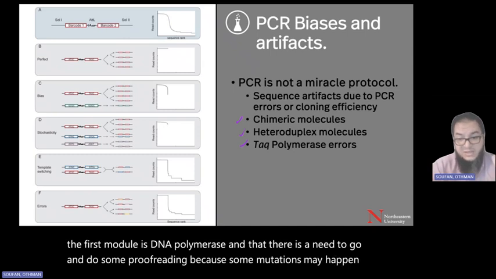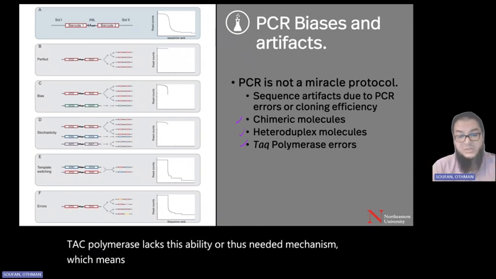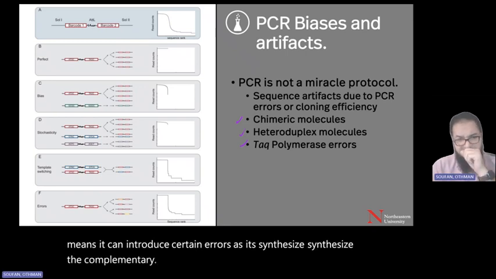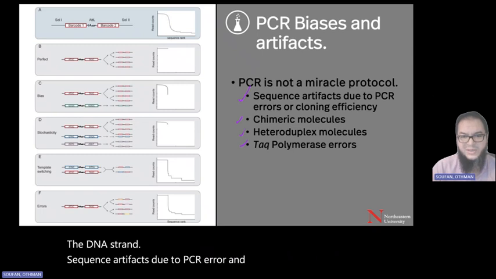Taq polymerase lacks this needed mechanism, which means it can introduce certain errors as it synthesizes the complementary DNA strand. Sequence artifacts due to PCR error and cloning.